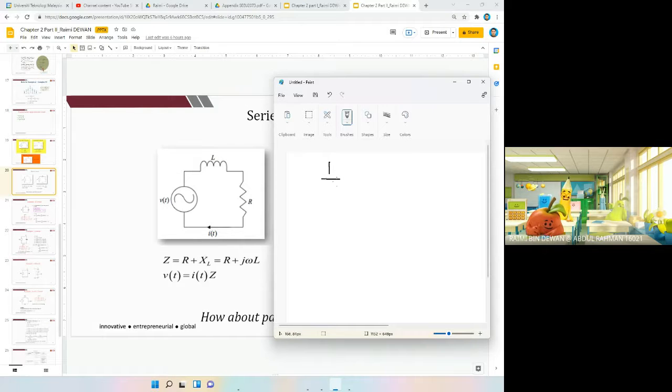The normal one that you have is 1 over R equivalent. This is what you understand from your normal resistance equation, so you have 1 over R1 and so on. Let's say the circuit has two resistors in parallel.